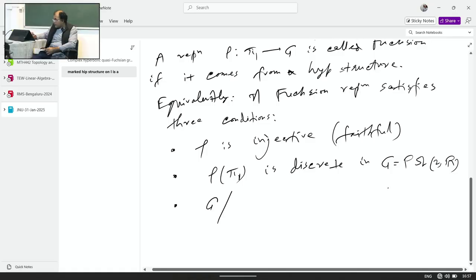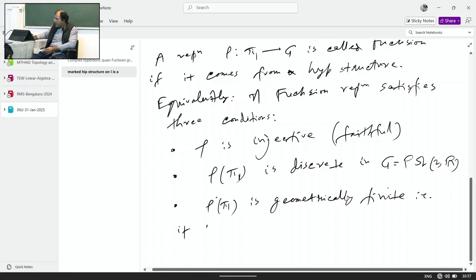Okay, so that is called type preserving representations. Equivalently, rho(pi_1) is geometrically finite.